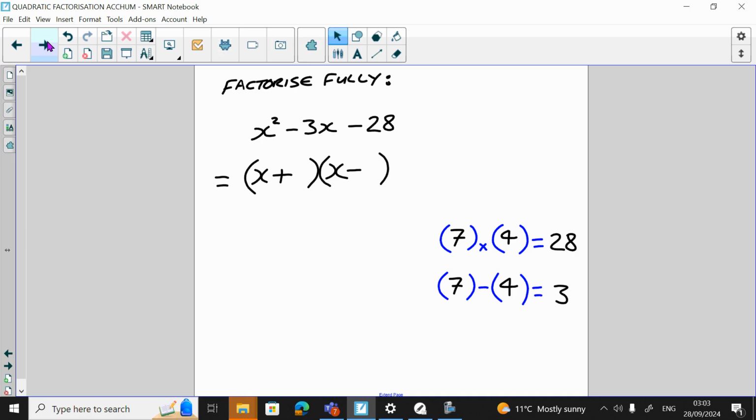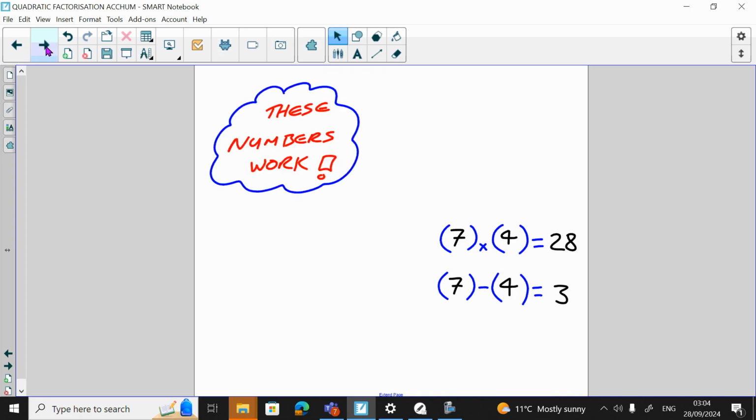Previously, you could put those numbers in either bracket, but in this one you'll get x plus, and in this one you'll get x minus, or whatever you want to call it, right? I won't go on about positives and pluses and minuses and negatives being different. But like I'm saying, these numbers definitely work.